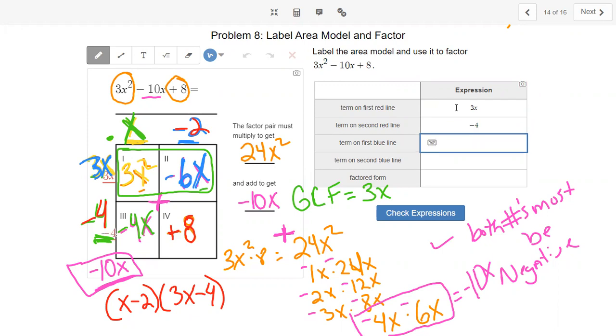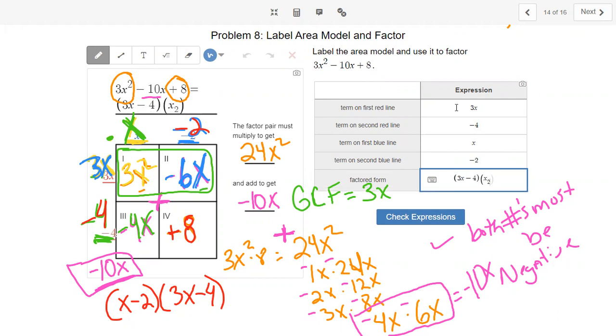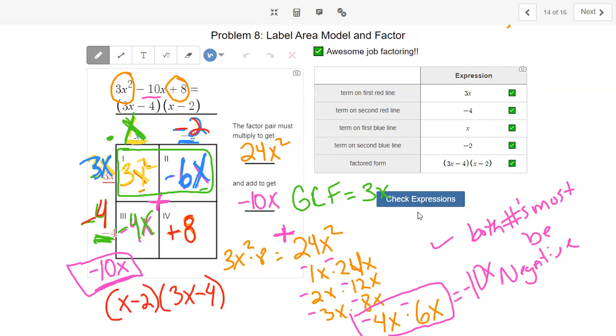The first blue line is x. The second blue line is minus 2. And then you're going to type in your factors. So 3x minus 4 in parentheses times x minus 2. Like I said, it does not matter which order you put those in.